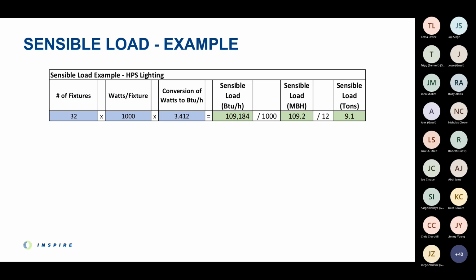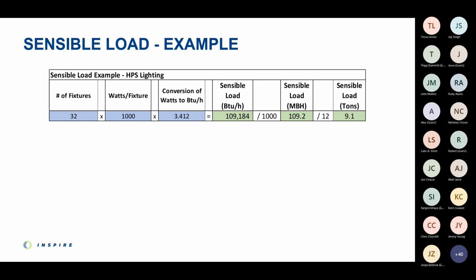At Inspire, we design and sell what we call integrated HVACD systems that incorporate that dehumidification capacity into the HVAC system, removing the need for standalone dehus in the room, hence the D in HVACD to emphasize dehumidification. And Adrian will discuss this in greater detail in part 2 of the webinar in a few weeks.